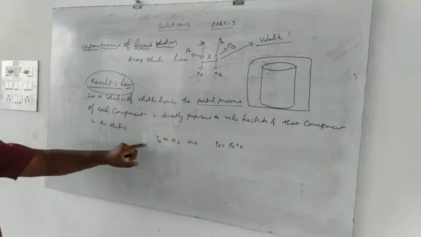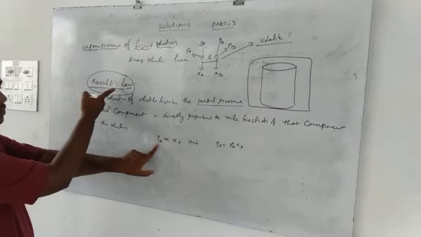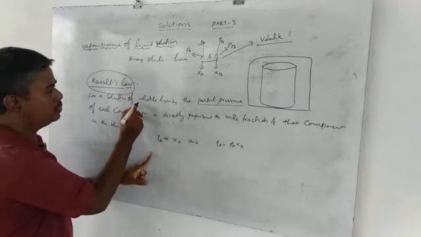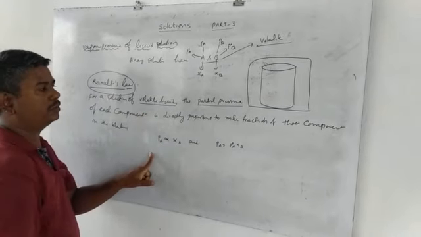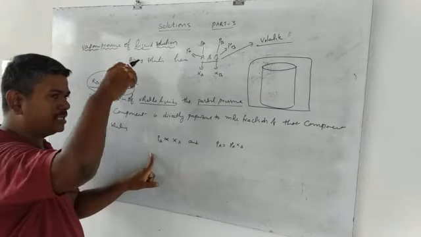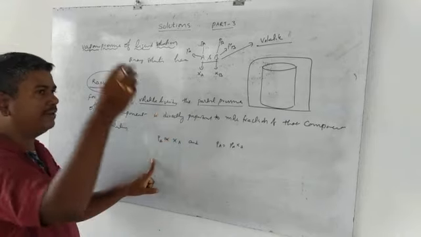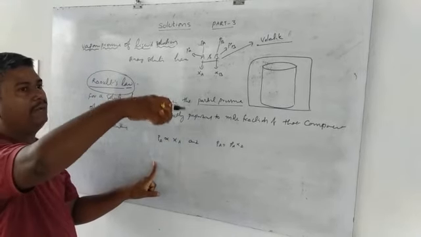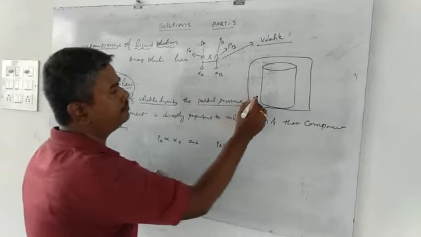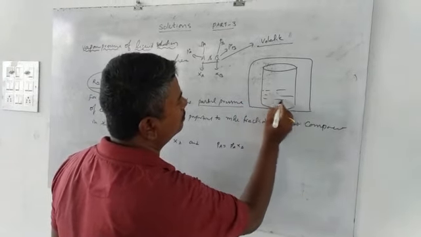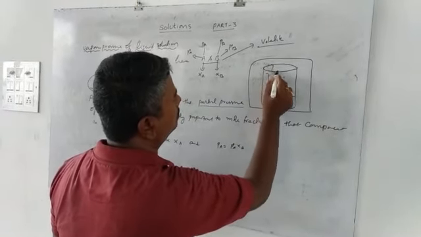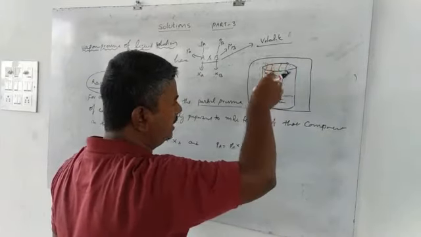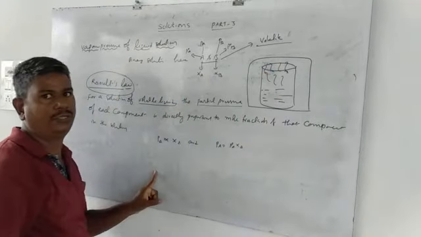Clear? So according to Raoult's law, here the two components are volatile liquids. Volatile liquids means they vaporize themselves. That means external pressure is applied on the solution. These are the vapor phases. This vapor will also exert some pressure on the solution.